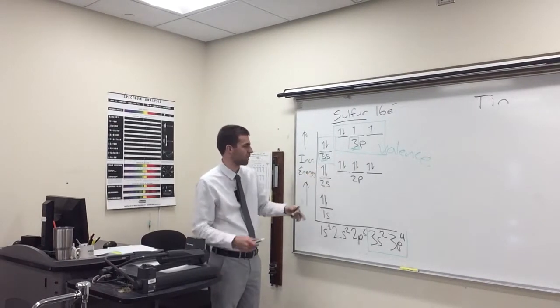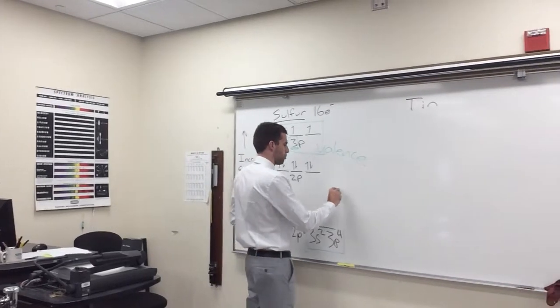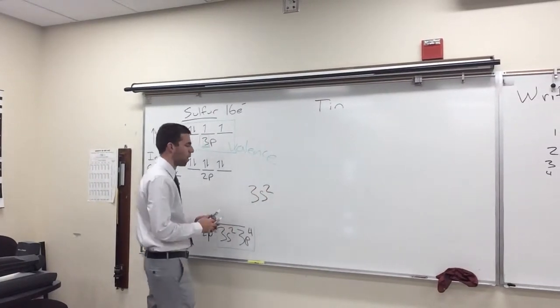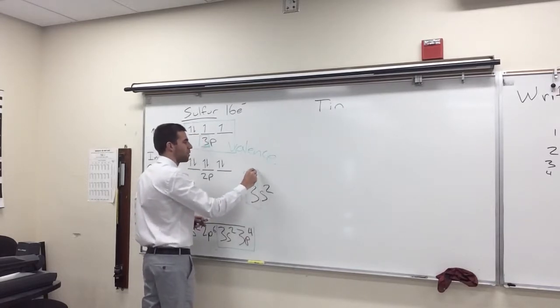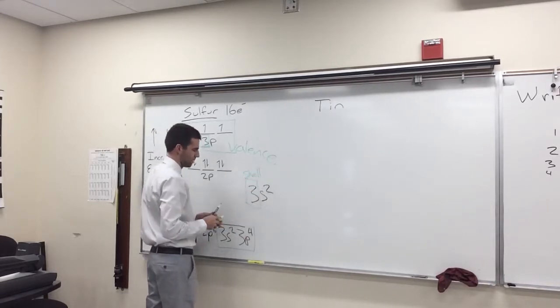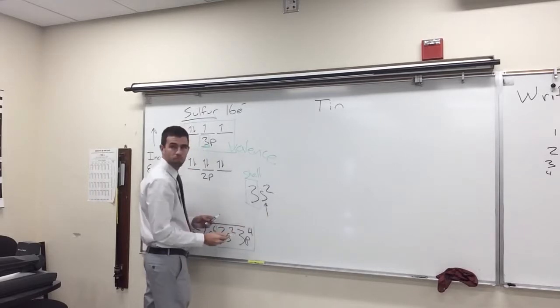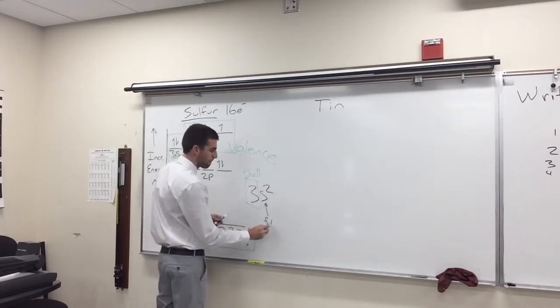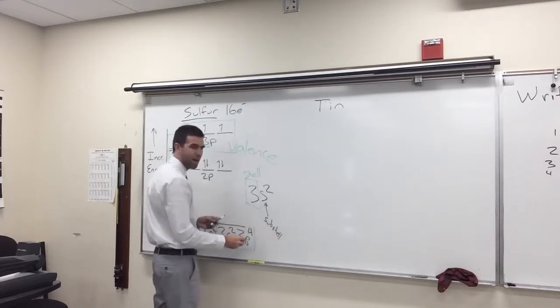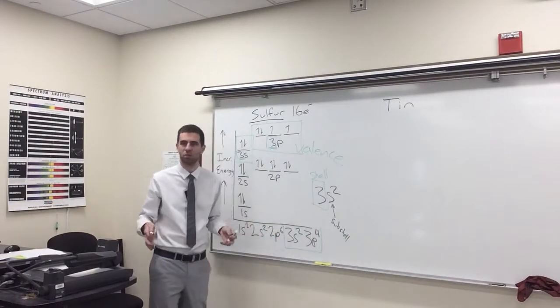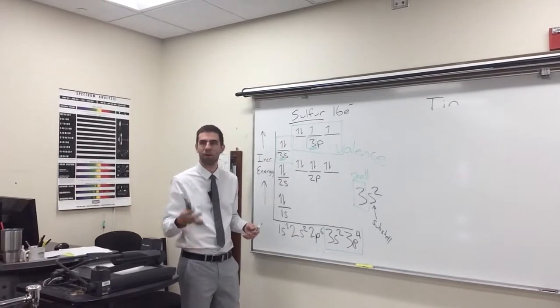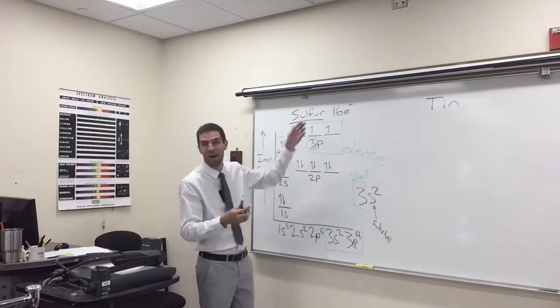If we look at our electron configuration, like 3s2, what is 3? That's the shell, right? What is S? Subshell or shape, right? So the outer shell is which one on sulfur? It's 3.